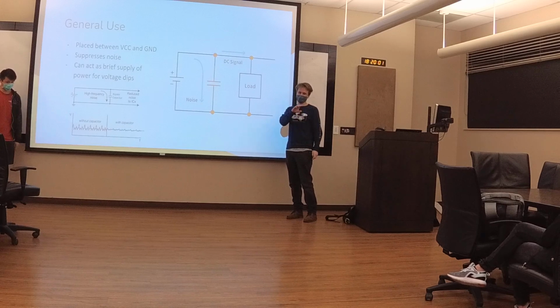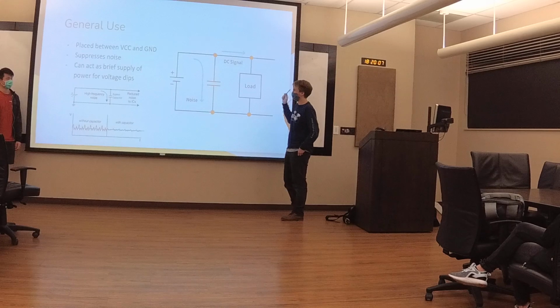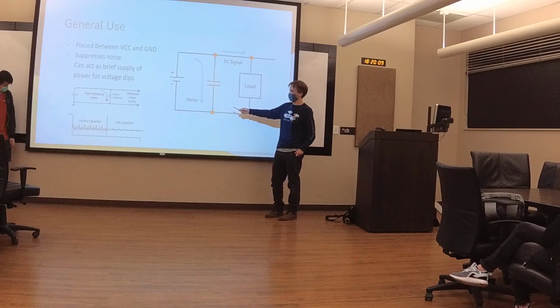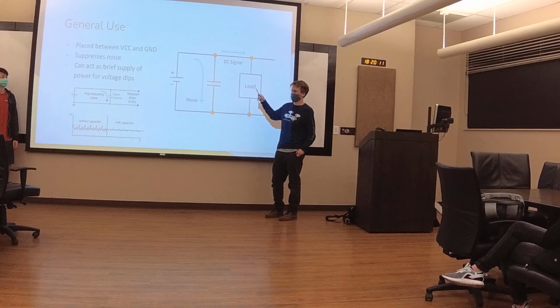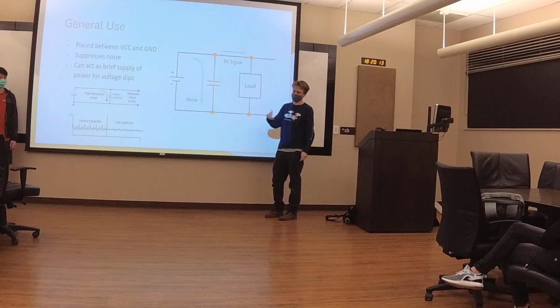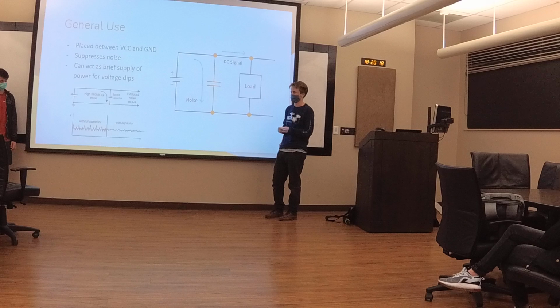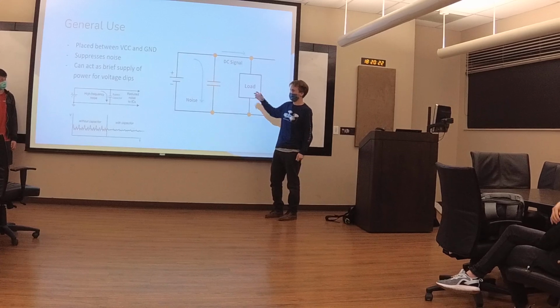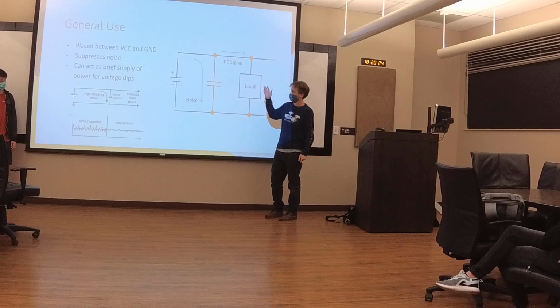That means that the drop in potential is proportional to the impedance of the part that you're looking at. For a capacitor, impedance is a function of frequency, because remember it's 1 over j omega c, where omega is angular frequency. That means for certain frequencies, your impedance is going to be higher or lower than for other frequencies.